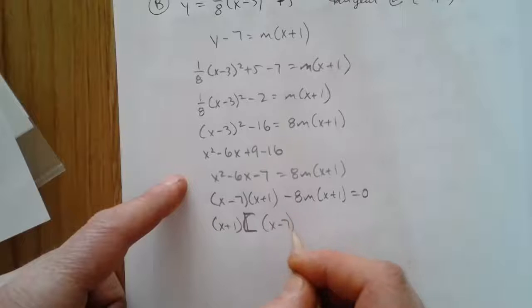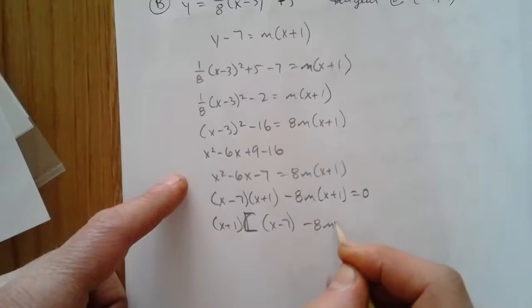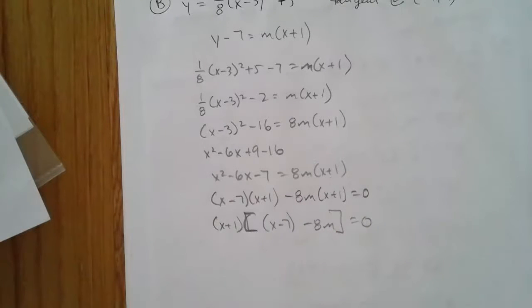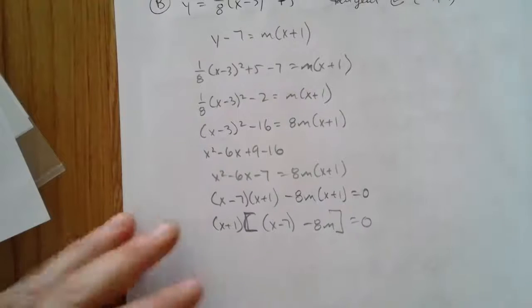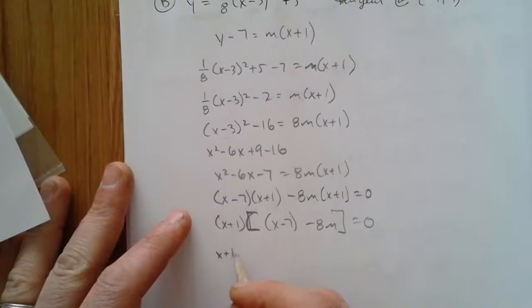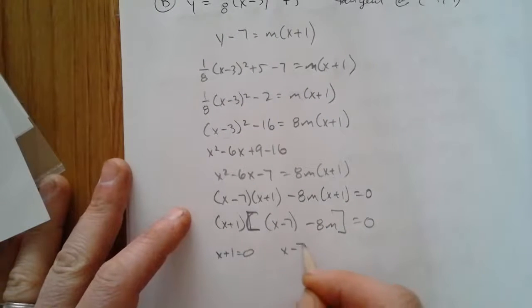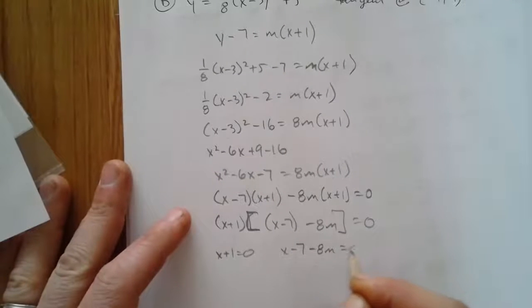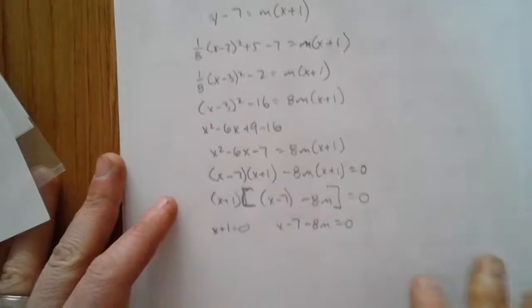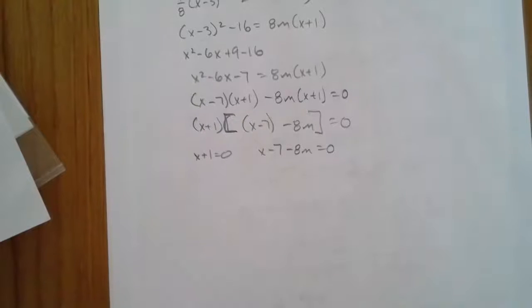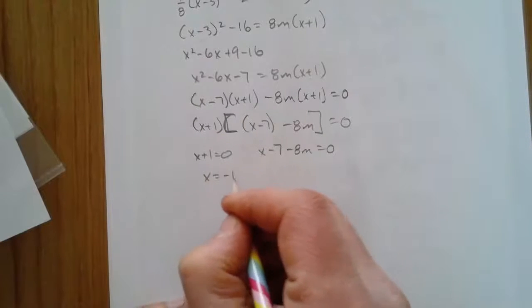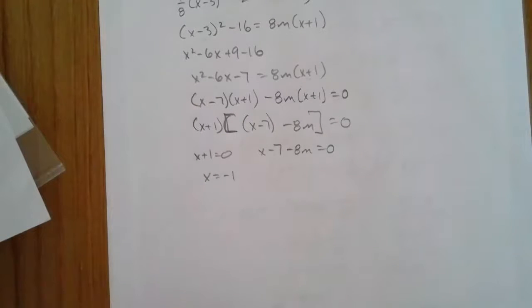We have x minus 7 minus 8m. So that means that x plus 1 equals 0, or x minus 7 minus 8m equals 0. In order for these two groups to multiply to 0, one of those two must equal 0. That's back in Algebra 1, but a much more complicated version.